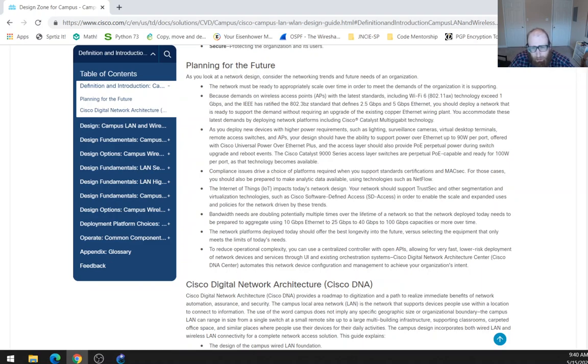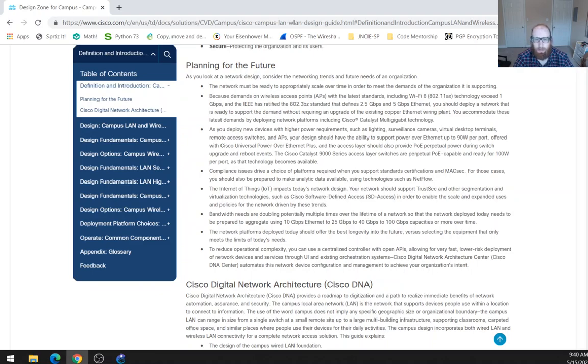The network must be ready to appropriately scale over time in order to meet the demands of the organization it is supporting. Because demands on wireless access points, APs, with the latest standards, including Wi-Fi 6, 802.11ax technology, exceed 1 gigabit per second, and the IEEE has ratified the 802.3bz standard that defines 2.5 gigabit per second and 5 gigabit per second Ethernet.